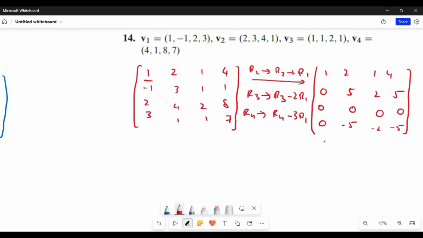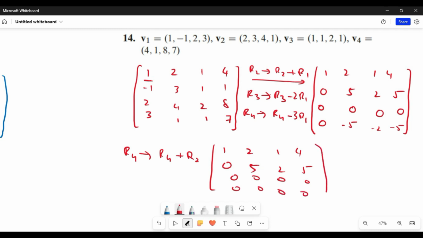Can we make it 0? So the new row formula is R4 plus R2. No change in the first row, 1 2 1 4. Second row 0 5 2 5. Third row is a 0 row. Fourth row becomes a 0 row.